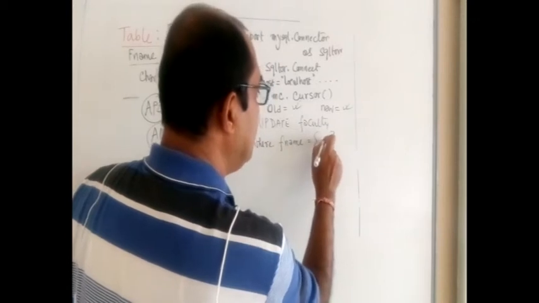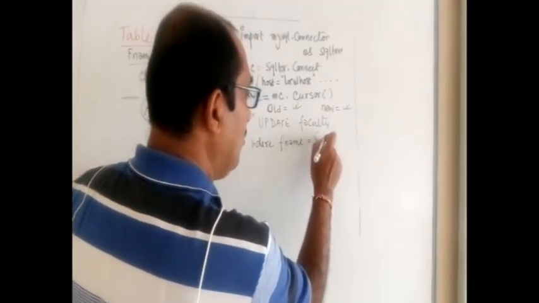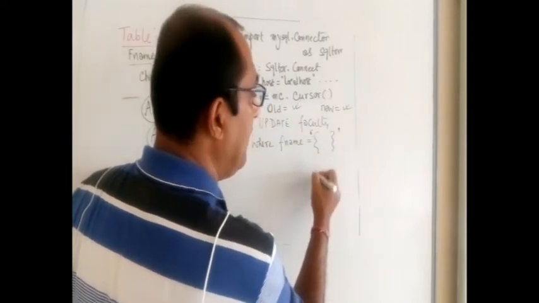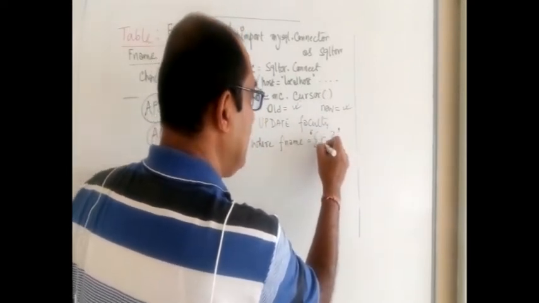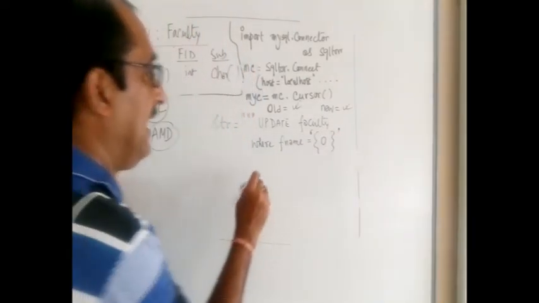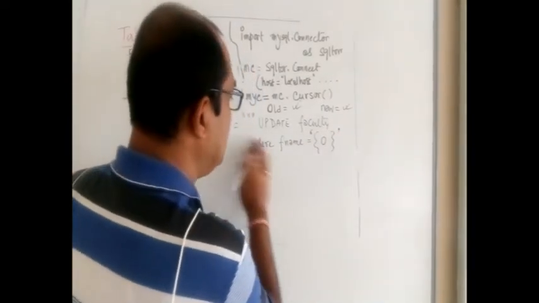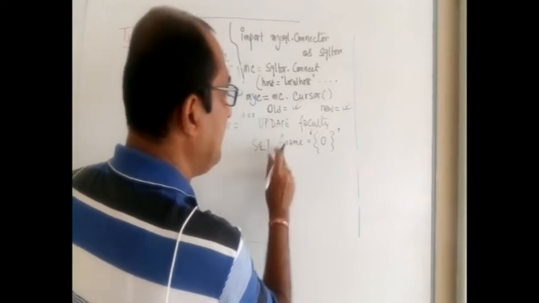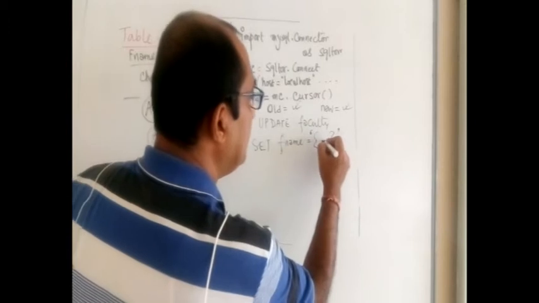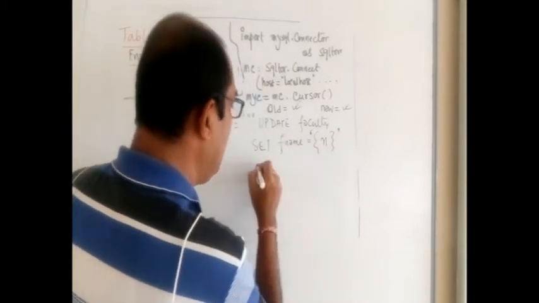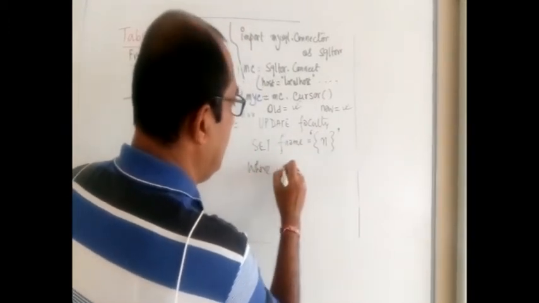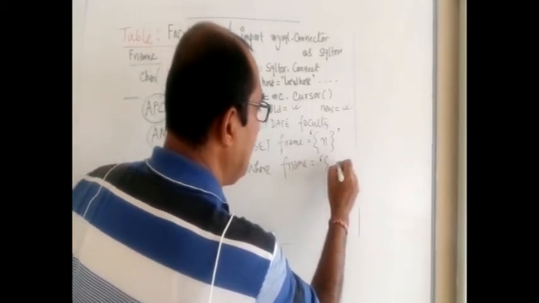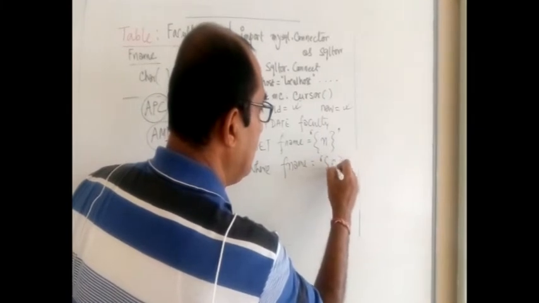So here what I have done is written a curly bracket. Since this is supposed to be a non-numeric value, it has to come within a pair of single quotation marks. We know the rule. And here I wrote, say, O. Sorry, it has to be set fname equal to the new name, that is N, I wrote here, where fname equal to the old value.